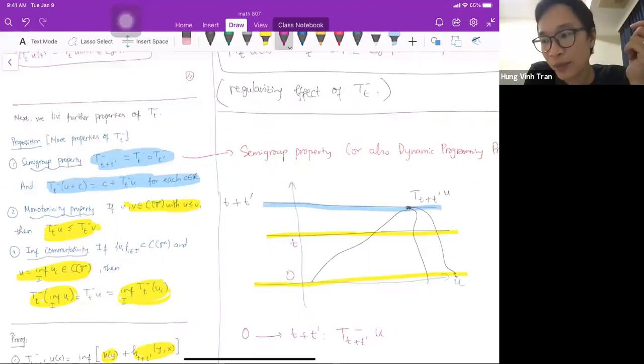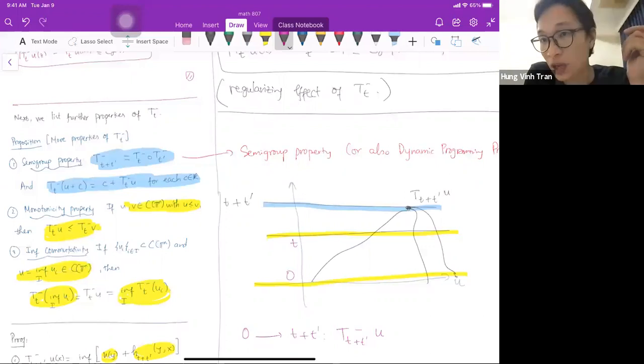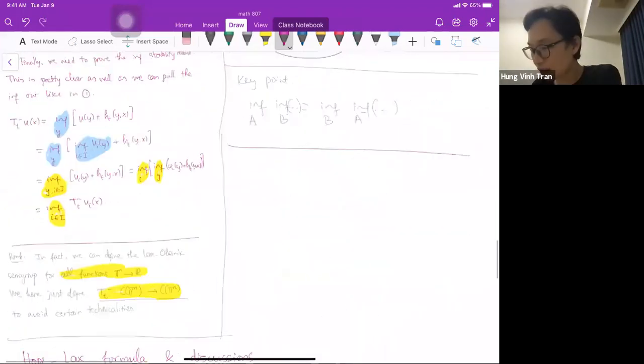Still up to now, people are trying to do general computation for finding solutions to Hamilton-Jacobi equations, especially in the non-convex setting. Then it's really hard. In the convex setting, there are certain methods called semi-Lagrangian methods that use exactly this semigroup property.